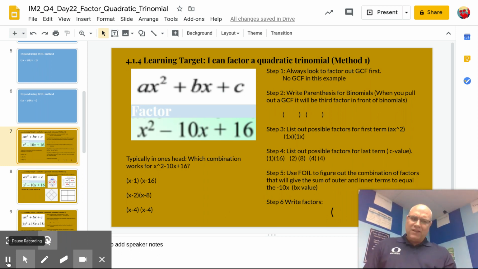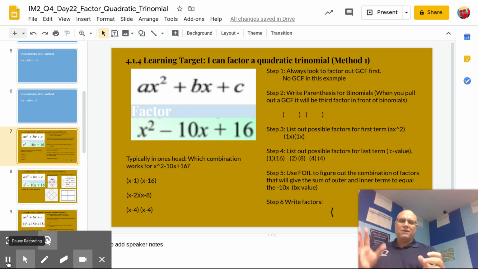Then your next list is, what are your possible factors for the c value, the last term? In this case, it's 16. So my possible factors are 1 and 16, 2 and 8, 4 and 4. Now what we have to do, this is the part you do in your head, is use FOIL to figure out the combination of factors that will give you a sum of the outer and inner terms equal to that negative 10x.